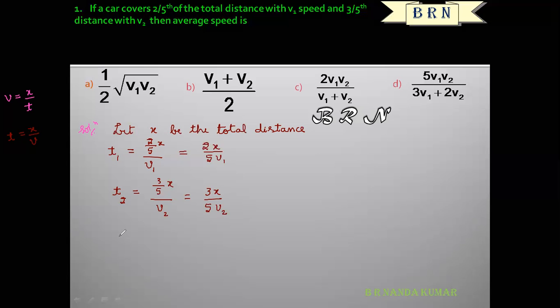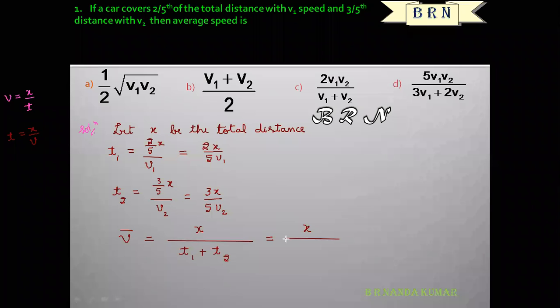Average speed is the total distance traveled by the car divided by the total time taken. The total distance traveled by the car is x. The total time taken is T1 plus T2.